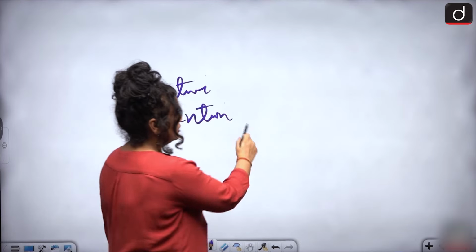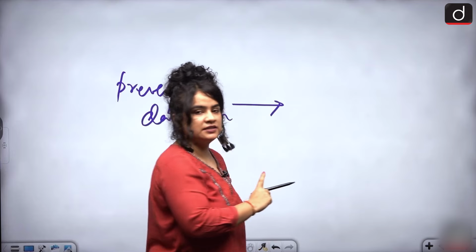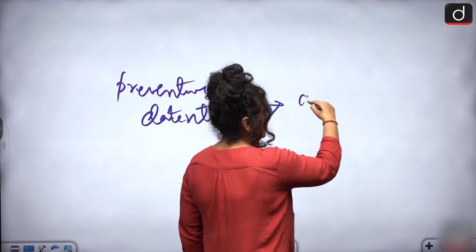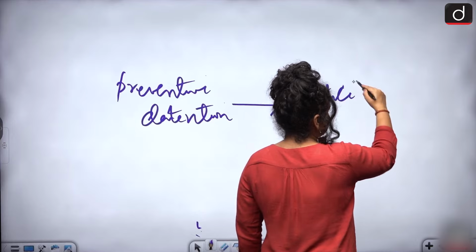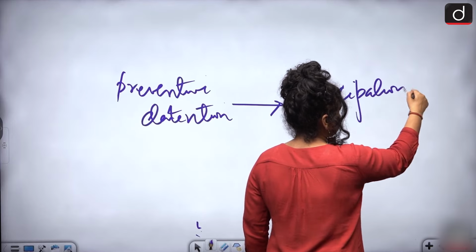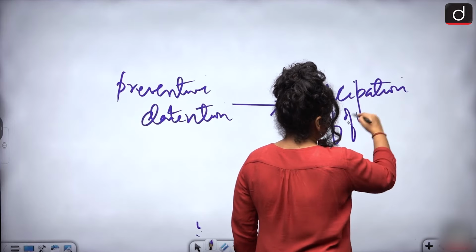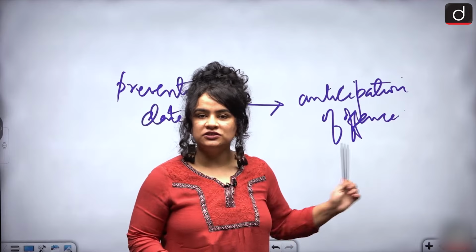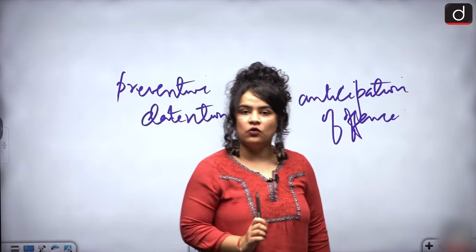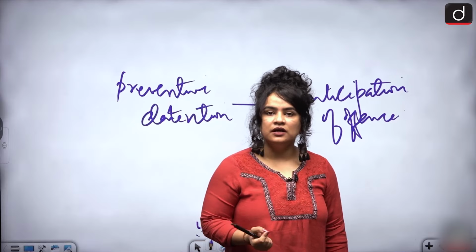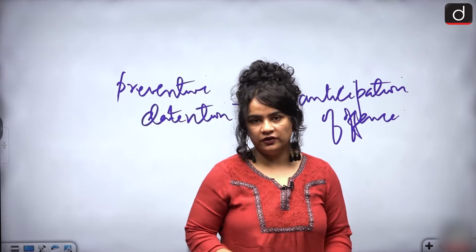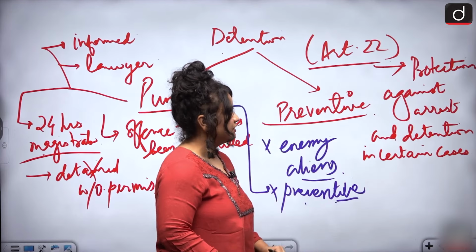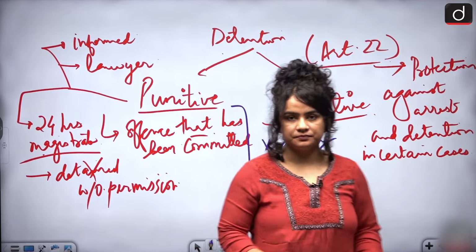It means that no crime has been committed, but only on the suspicion or mere anticipation that the accused may commit a crime or an offense that can challenge national security, law and order, the person is detained. All right. So this is what preventive detention means.